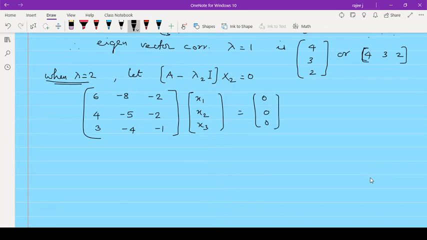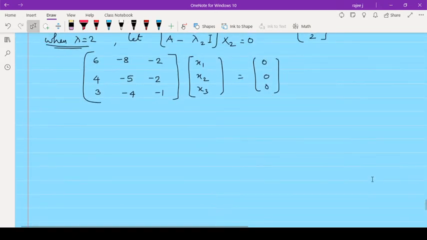Now again the same process. Somebody asked me, can we solve this equation directly? See now, look at row 1 and row 3. If I divide row 1 by 2, you are going to get row 3: 3, minus 4, minus 1.